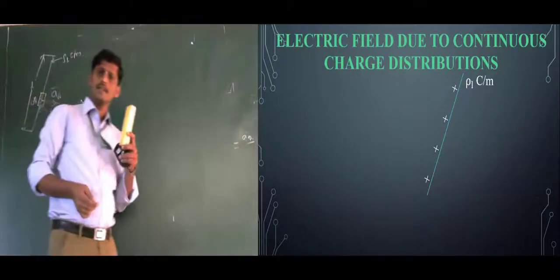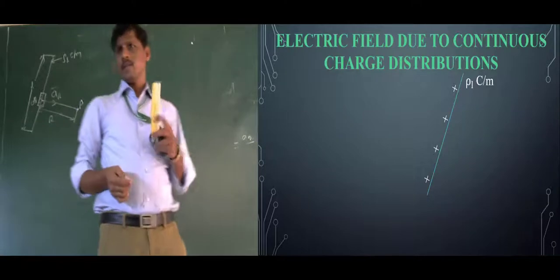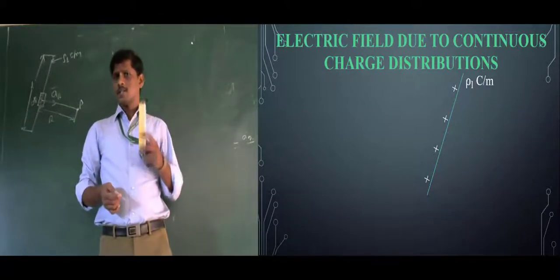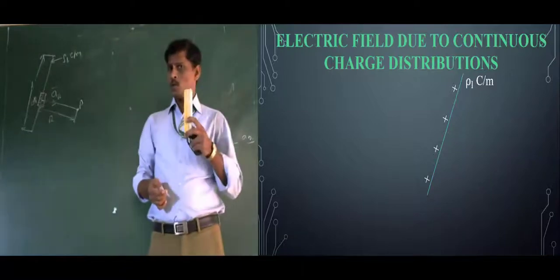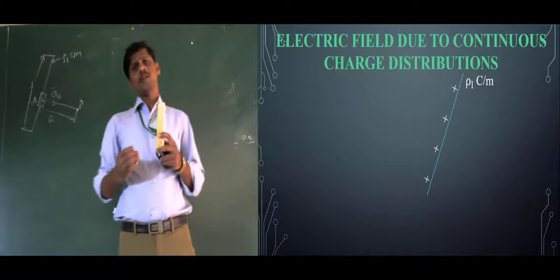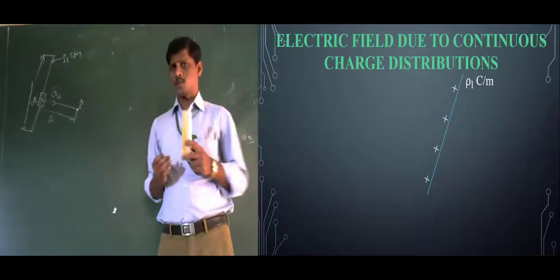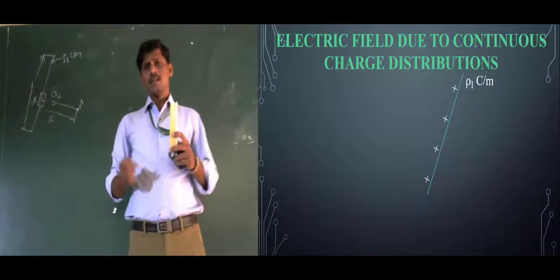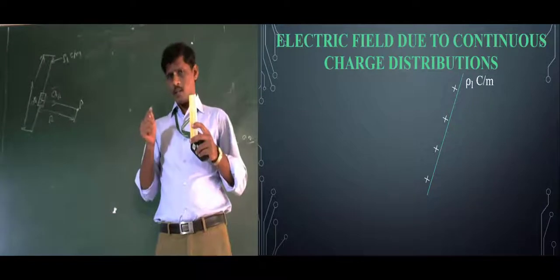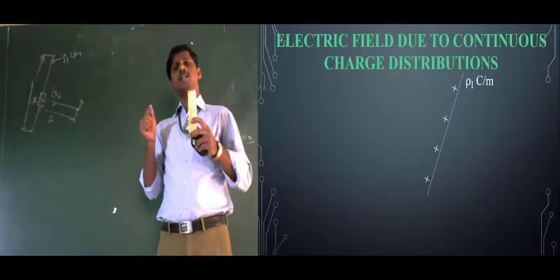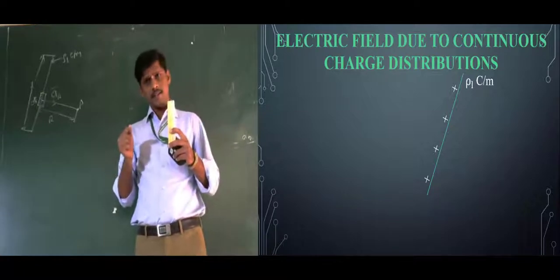Let us consider a wire of length L. The wire charge is distributed, and the wire charge density is rho L coulomb per meter. Now we want to calculate the electric field intensity due to line charge distribution. So consider the point P, at which the electric field intensity can be calculated.